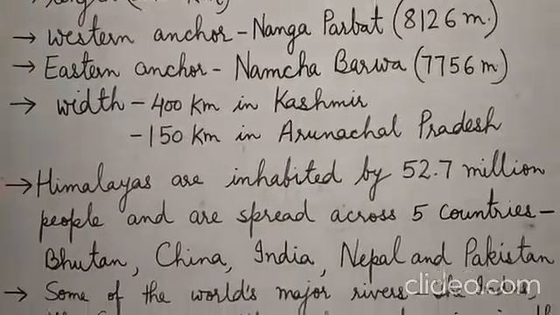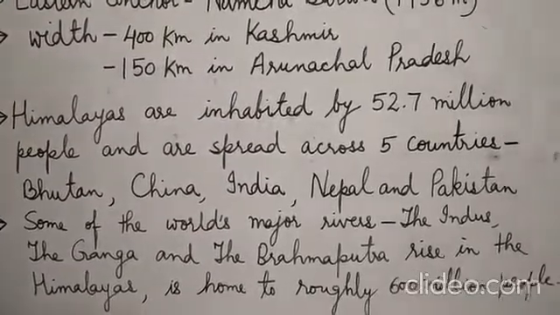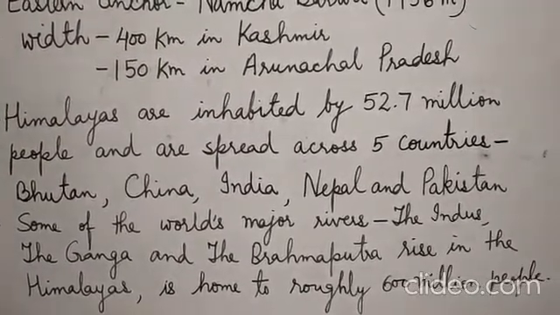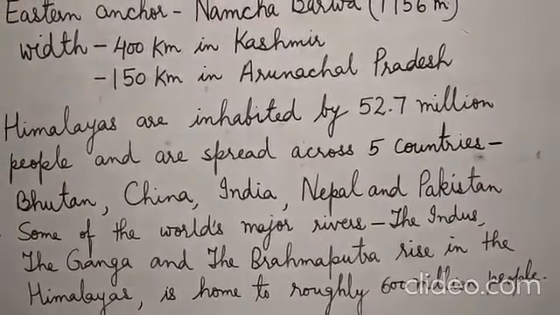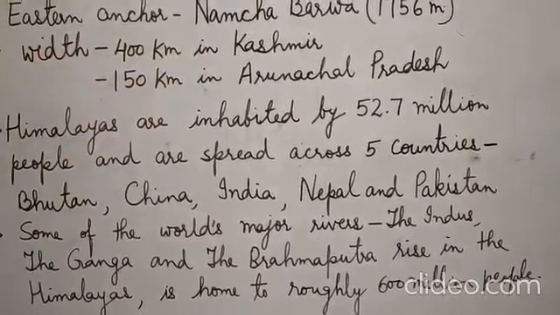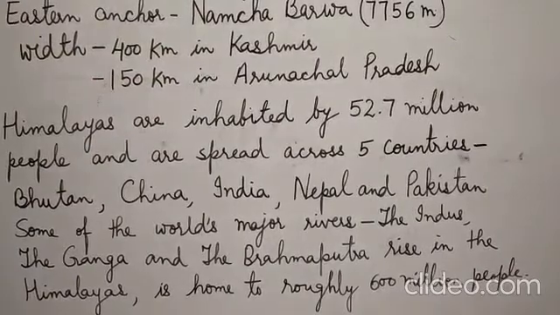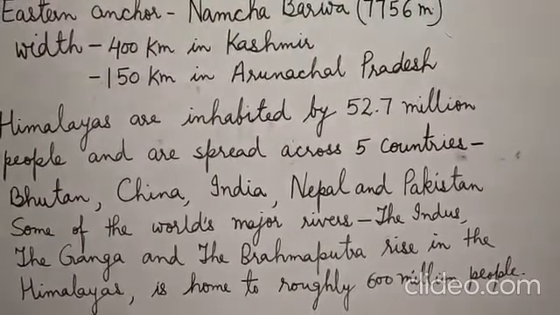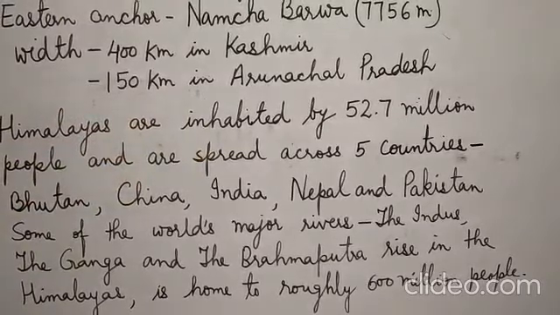Now Himalayas are inhabited by 52.7 million people, and they are spread across 5 countries, namely Bhutan, China, India, Nepal and Pakistan. Some of the world's major rivers rise in Himalaya.